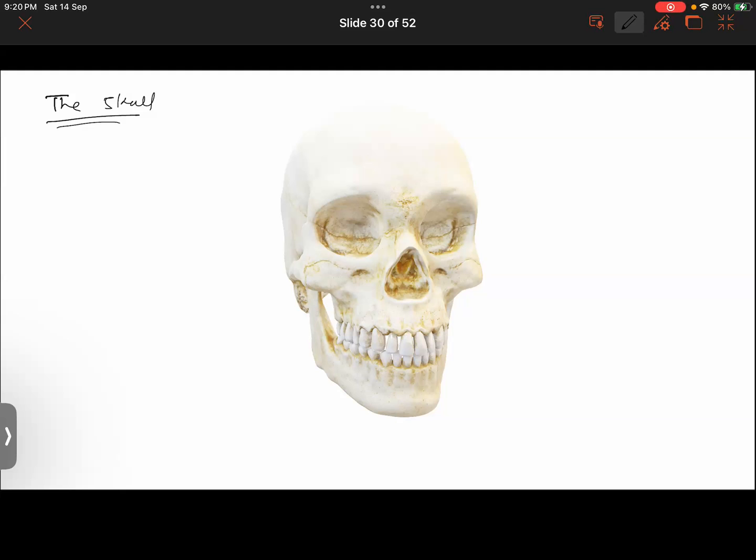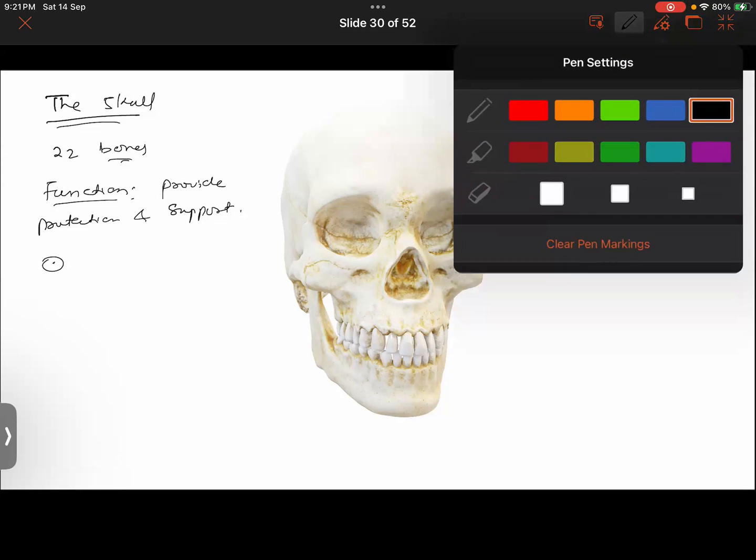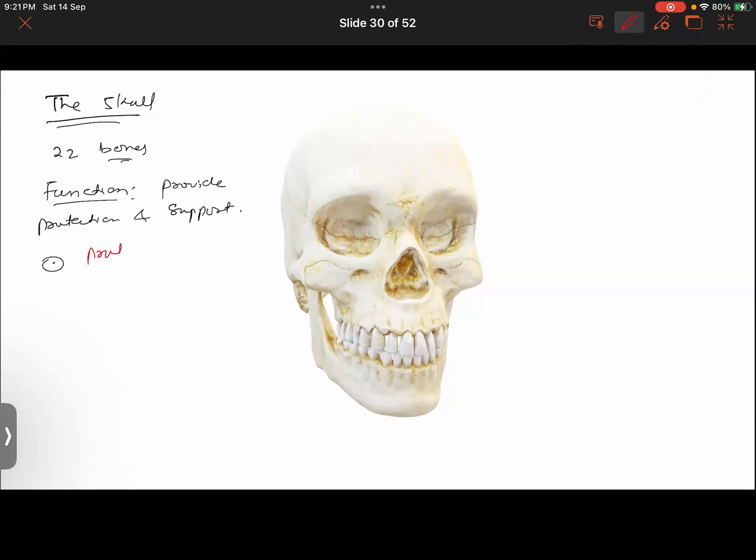So, how many bones are there in the skull? There are 22 bones. Talking about the function of the skull, its functions include providing protection and support. It protects the brain.